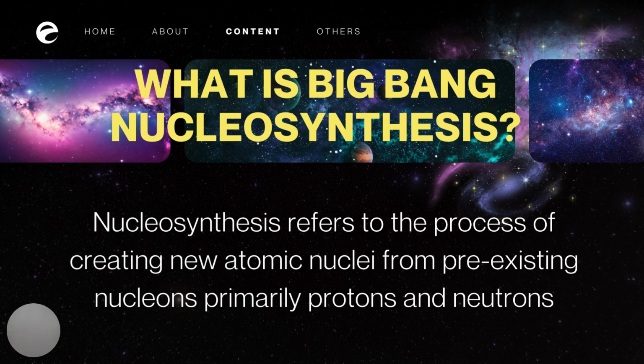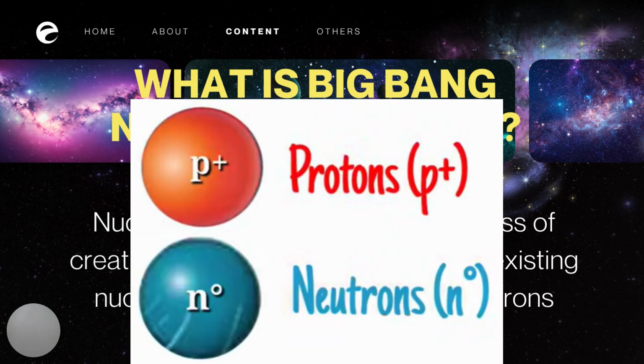So this is the process where new atoms are made from existing protons and neutrons. Again, look at the symbol for protons, P plus. Neutrons is N with a circle at the top.